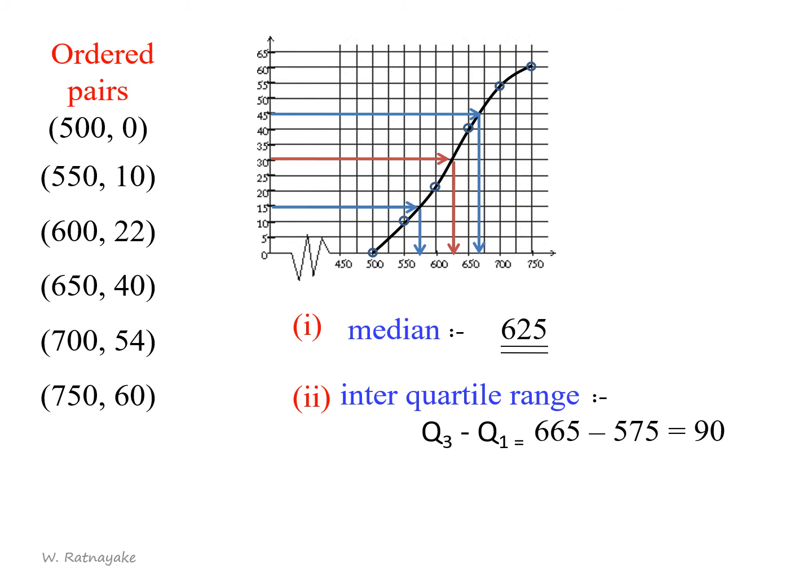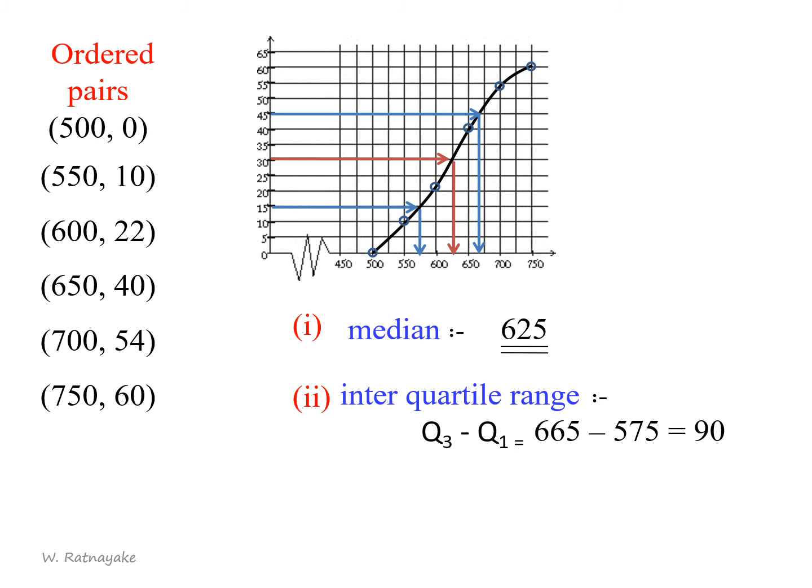So these are margins. The range between these two quartiles is called the interquartile range. So it is Q3 minus Q1, that is 665 minus 575, that is 90. So this is the answer for question number 4.